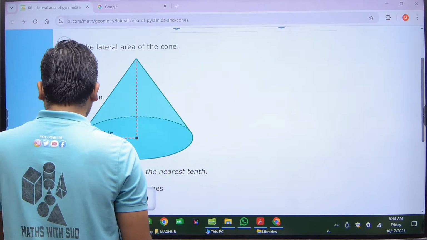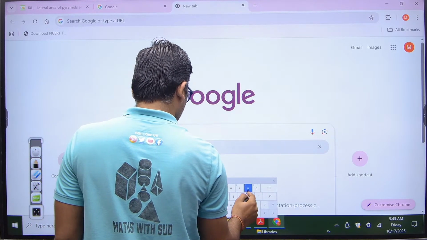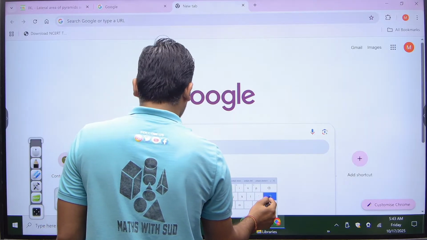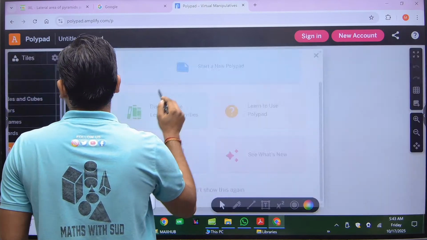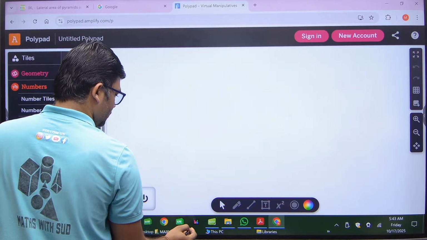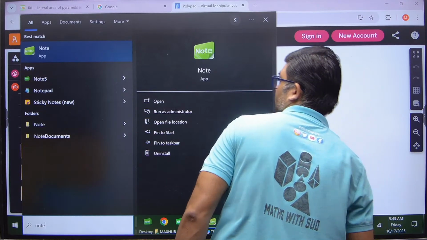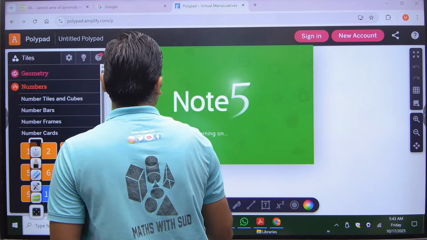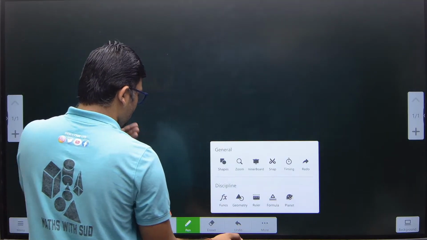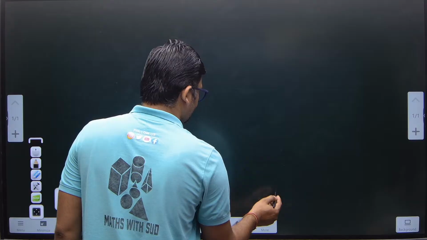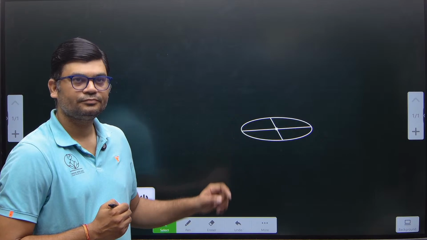Let me show you. I think I've got a better simulation. Can you see what this is? Circle.